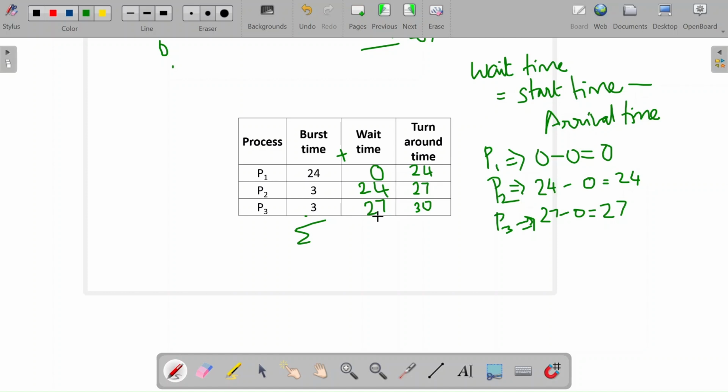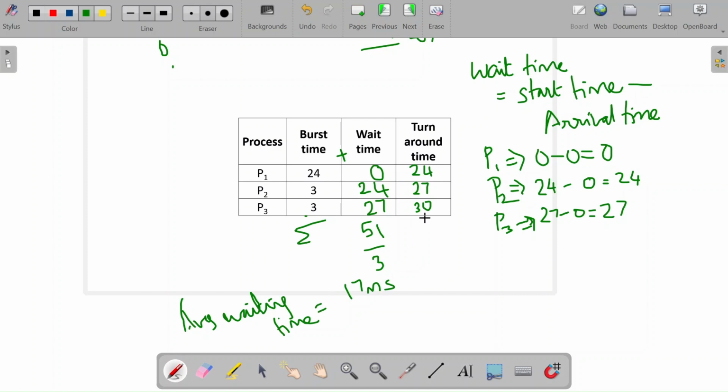When I add this, I get 51. So the sum is 51. When you take the average, 51 divided by 3, it is 17. So the average waiting time of these three processes using FCFS is 17 milliseconds.